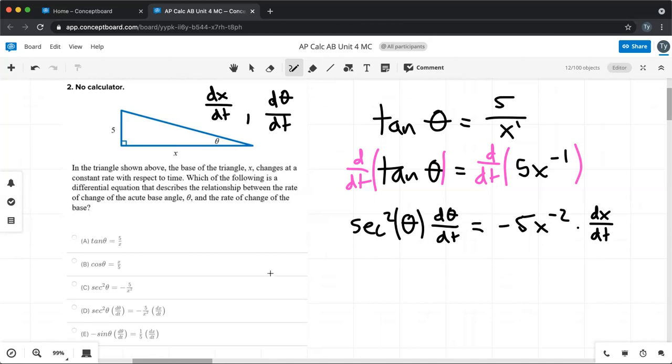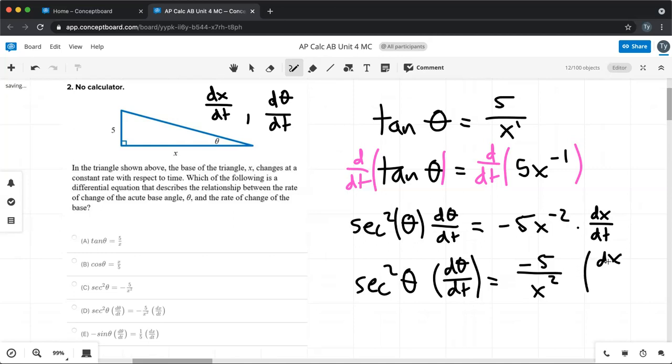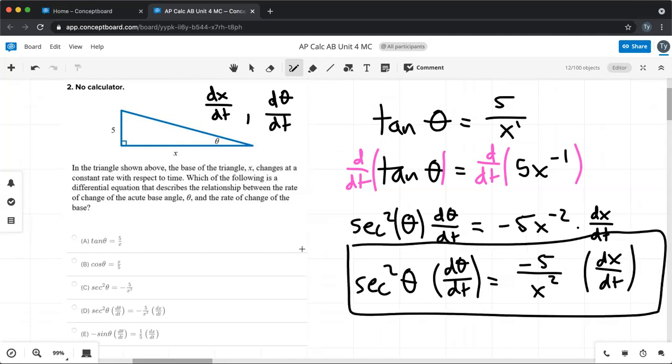And finally, to get it to look like a form that's given here, you can rewrite this as secant squared theta times d theta dt equals, well, just like I put the power in the numerator before, I can put the power back in the denominator, doing the same thing. So this is -5 divided by x to the 2, right? We negate the power and put it in the denominator. And that's this times dx dt. So this is our final answer, which is choice D, I believe.